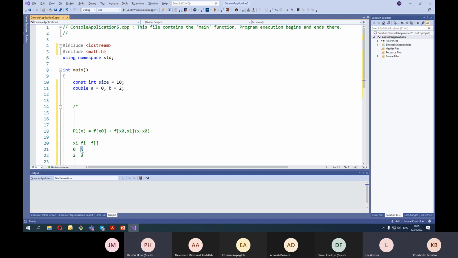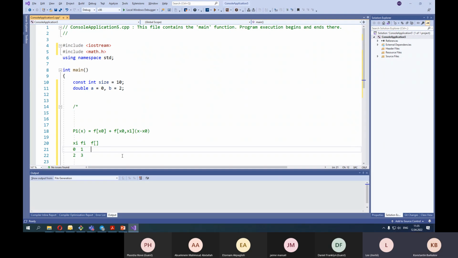It's 3. X1 is 2, x0 is 0. x1 is 2, f1 is 3. What is the value of this difference?